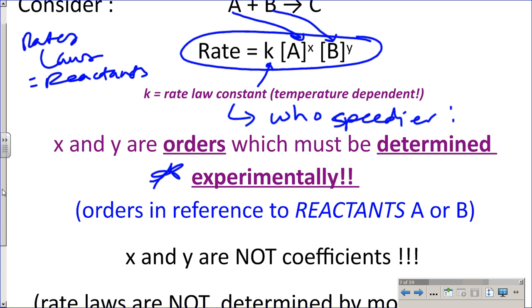But the rate law constant is temperature dependent. Hotter things usually move faster, so increasing the temperature would probably increase the k. Good important note to write down. Make sure you know it's temperature dependent.